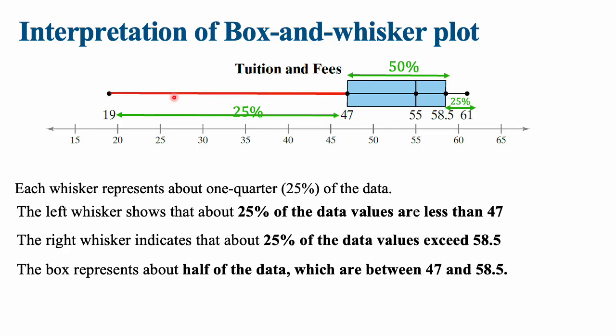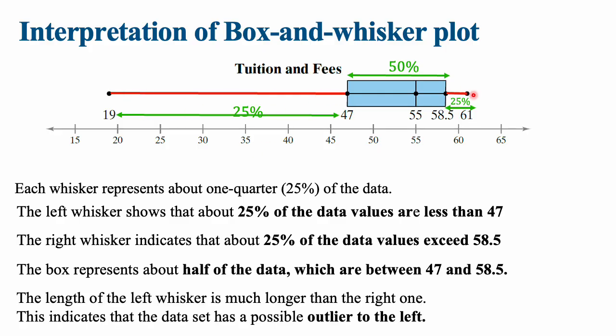Another thing you noticed, this line is longer compared to this one, right? The box is right there. Minimum is here. Maximum is here. So what are you going to interpret from this one, guys? The left side is longer than the right side. We're going to say the length of the left whisker is much longer than the right one.